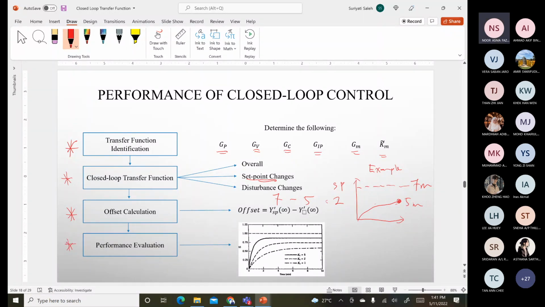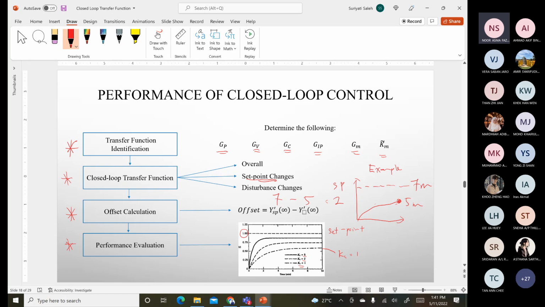From this graph, we take a look. You can see here, 1 represents the set point. In this case, you have different values of the controller. Kc is the controller gain. Kc equal to 1, Kc equal to 2, Kc equal to 5. When you put Kc equal to 1, the performance is well below the set point.